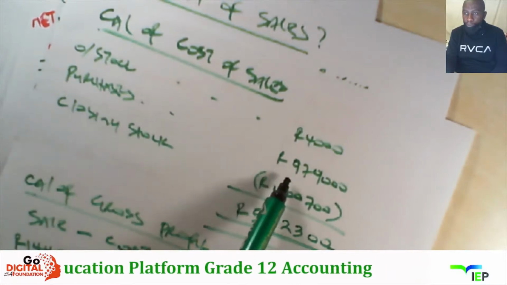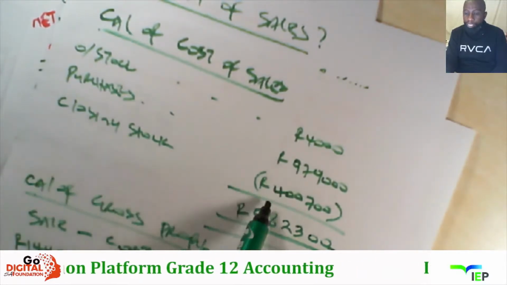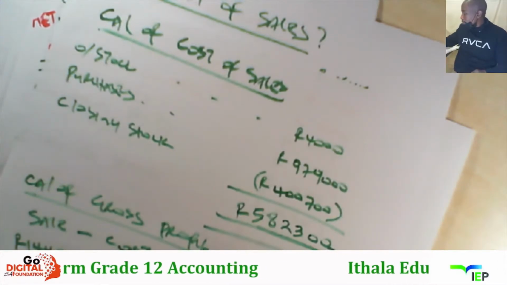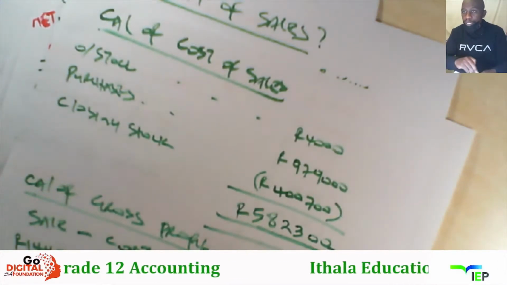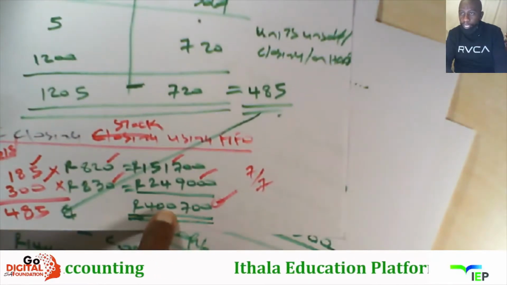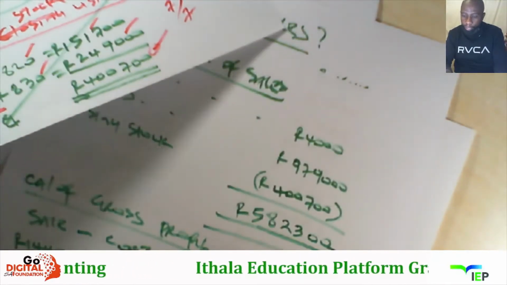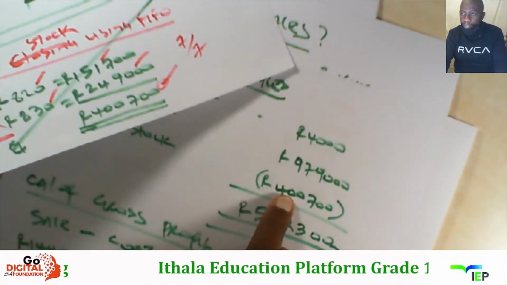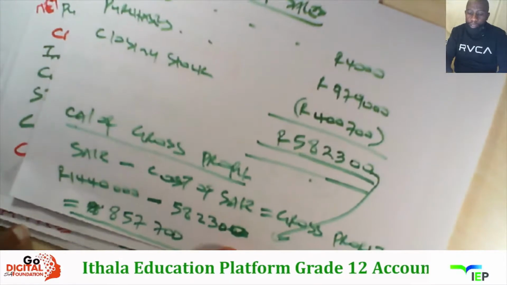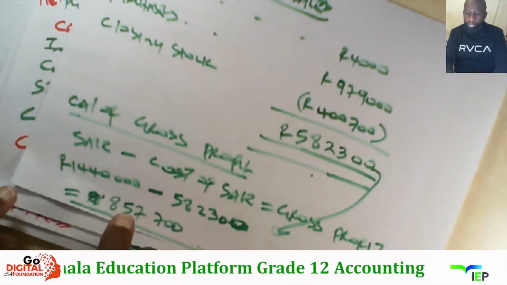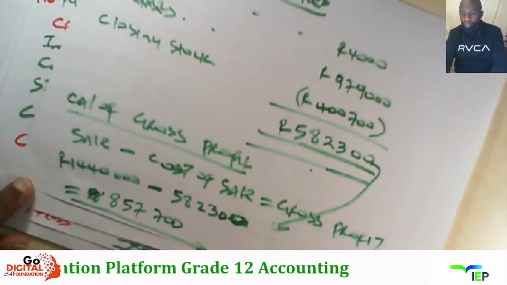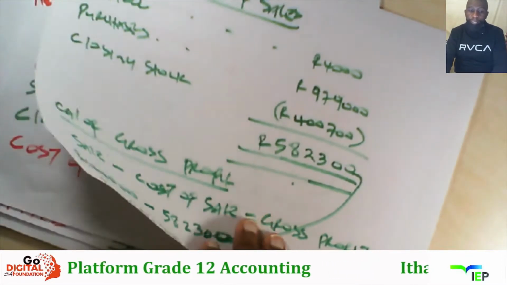Plus purchases, less closing stock. That's the figure that we get from Fifo, right? This one. That's the figure that we managed to get from Fifo. Here and here. You see? And then calculation of the gross profit, right? The gross profit, sales minus cost of sales is equal to gross profit. And then you are done.